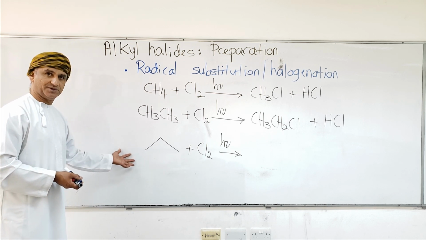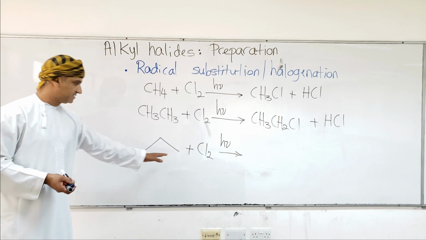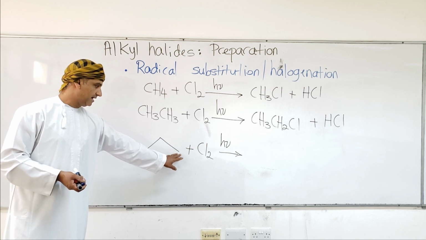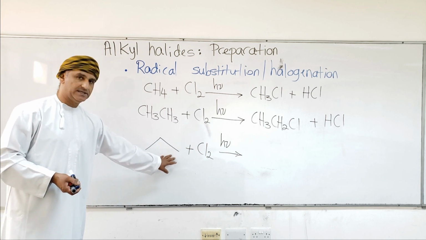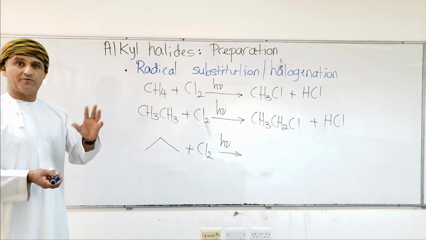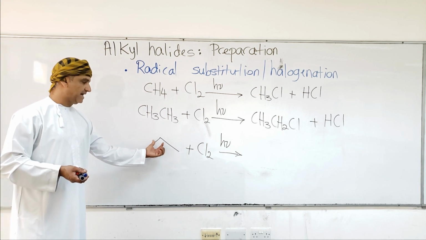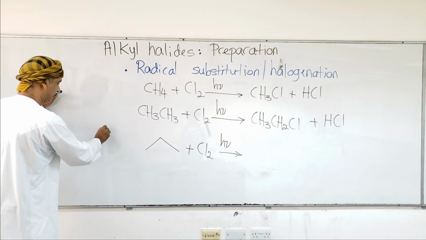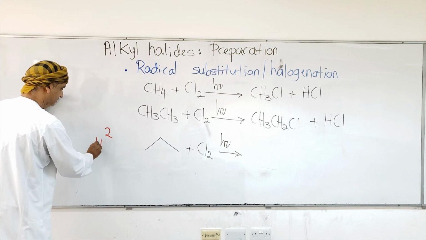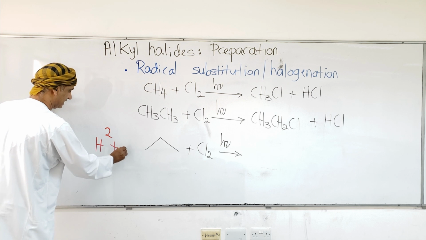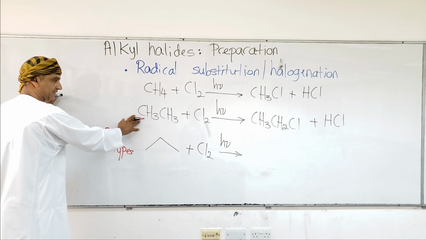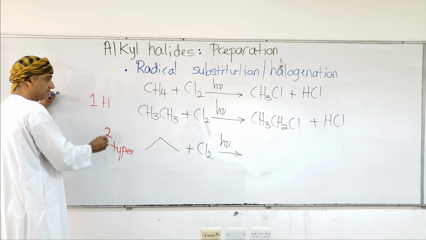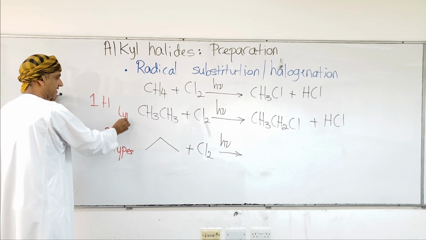These three hydrogens on carbon 1 and these three hydrogens on carbon 3 are identical. So 3 and 3, 6 hydrogens are of one type. The methylene hydrogens are another type. So there are two hydrogen types in propane. Of course, in ethane there is only one hydrogen type. These 6 hydrogens are exactly the same.